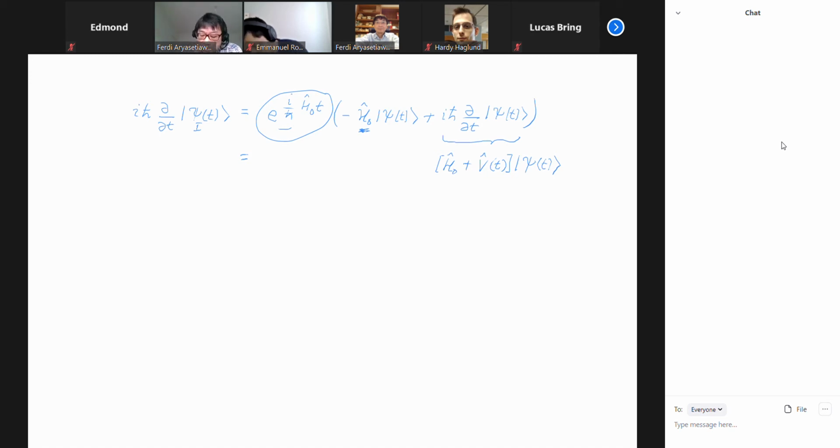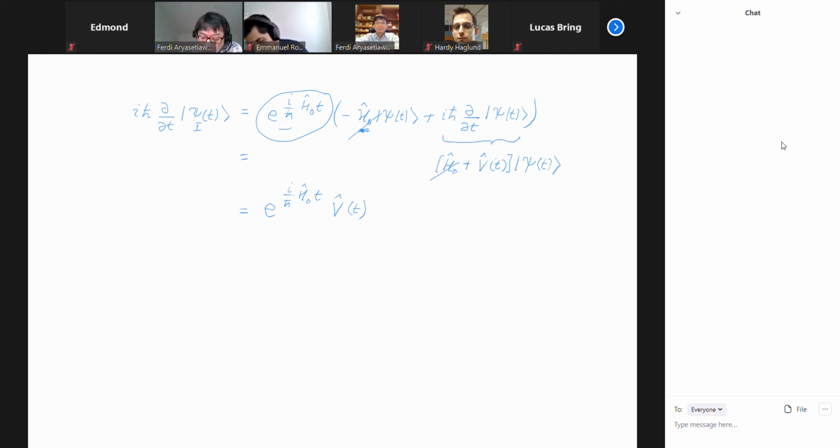So we see that the H0 disappears, so that one and that one disappear. So we get the exponential, and then I have the V of t.